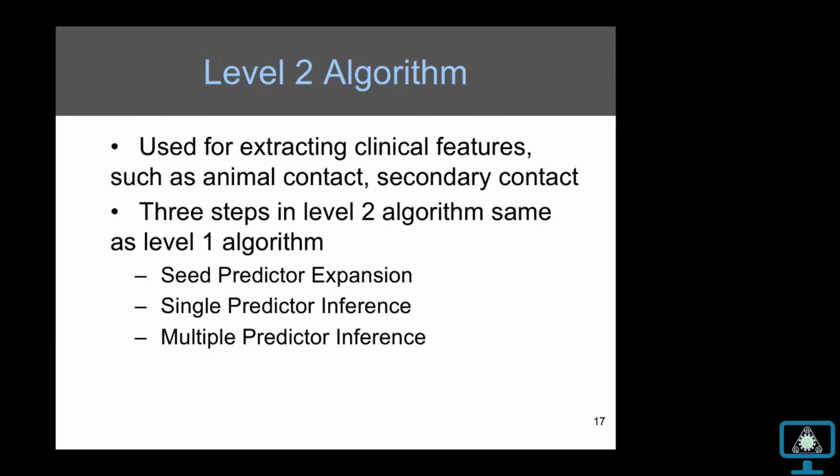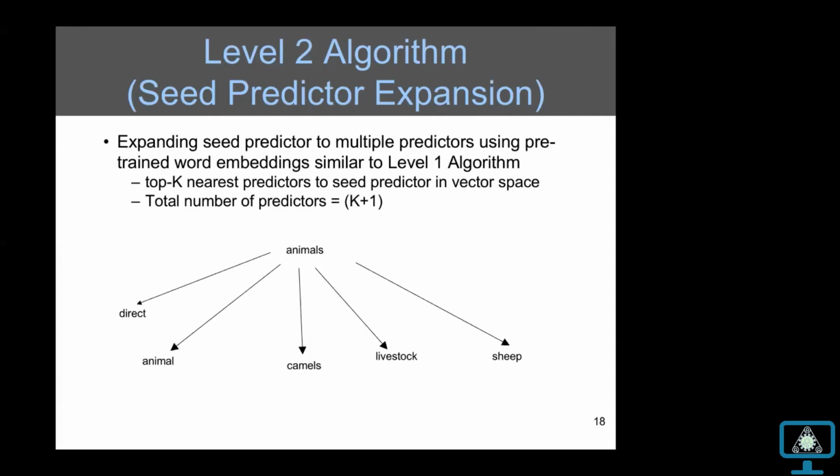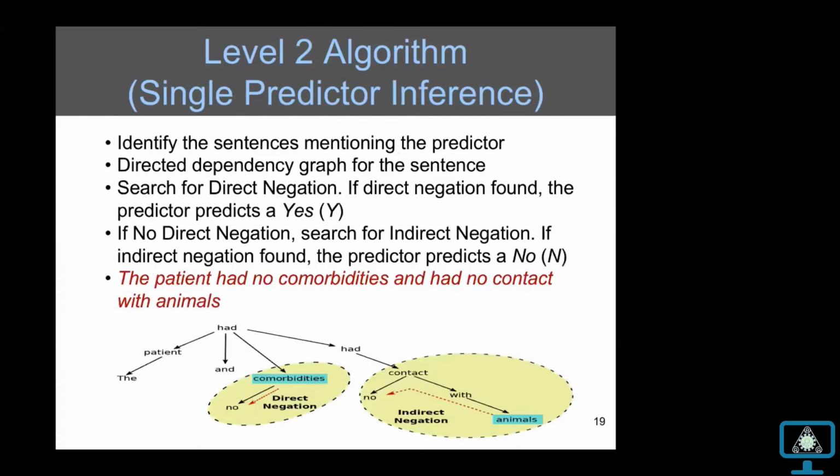We start with those seed predictors, we expand them to additional keywords, and then we try to predict each of them individually, and then we try to aggregate that into a final conclusion. For example, if we have a keyword like animals, the contextual similarity will give us other phrases: animal, camels, livestock, sheep, and so on, and use that to make a lot of expansions.